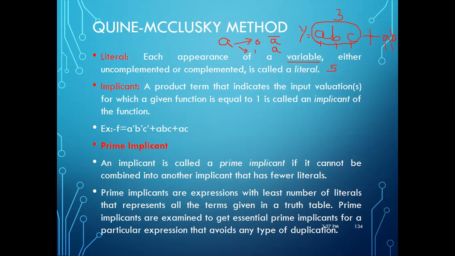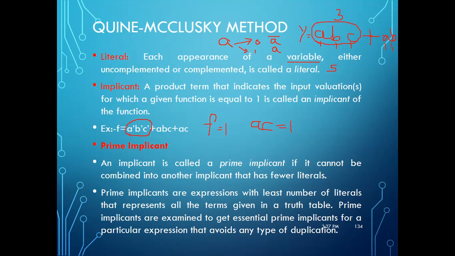Suppose when you solve the problem, you get ac is equal to 1, so this leads to your function f also being equal to 1. So now you say that ac is an implicant of the function f. Same way, if you take a bar b bar c bar is equal to 1, this value leads to f is equal to 1.